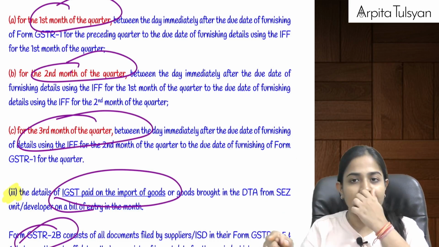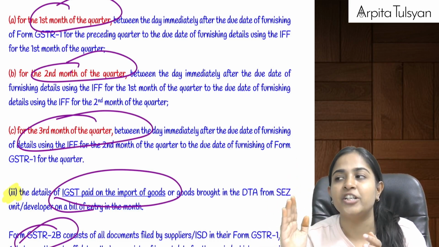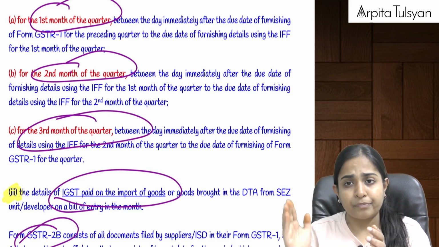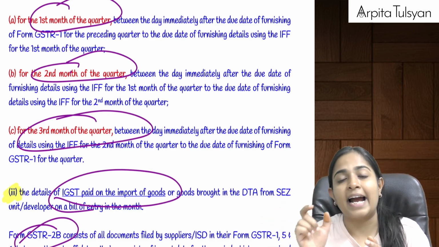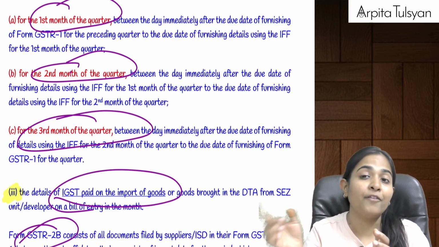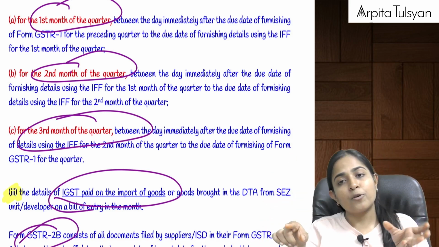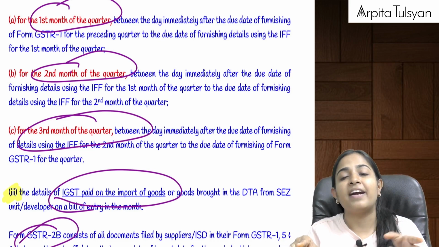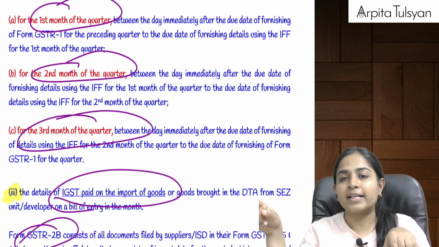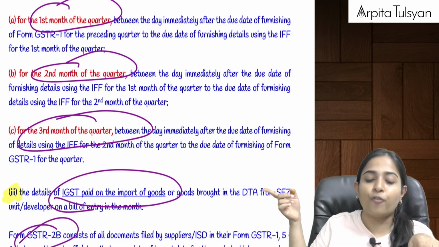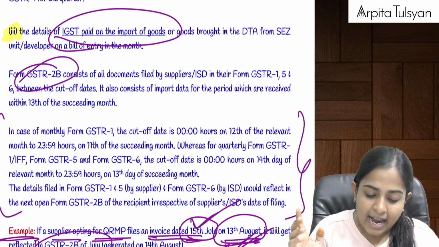So whatever ITC is put in GSTR 2B till 13th of May, that much amount of credit can be availed by the recipient for the month of April. Suppose the supplier delays filing beyond 13th, then that much amount of input tax credit will be available to the recipient for the next month. Are you clear with this?